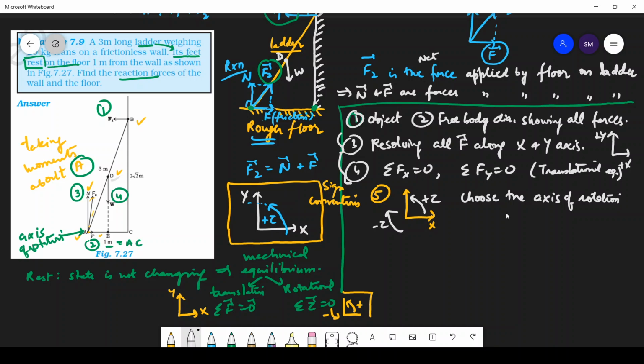Here we are taking moments about A in this question. And what is the next thing that you need to do? Next you need to take tau equals 0. So that is your rotational equilibrium equation.